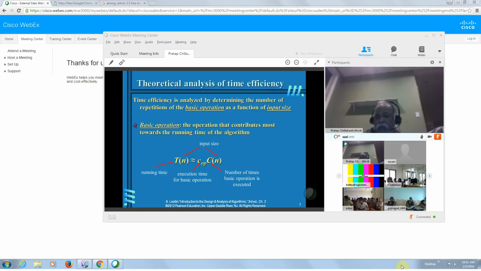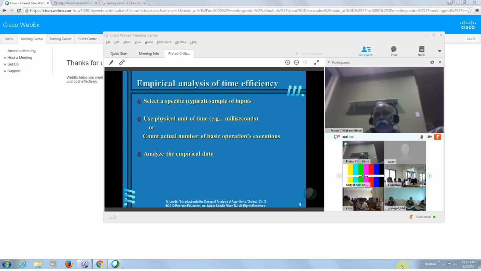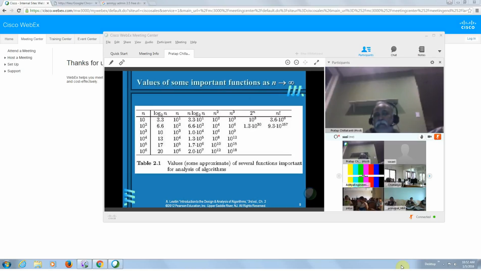Pretty straightforward. In empirical analysis, we use the physical unit of time. We use some system constructs to calculate the time, and then we can analyze the data.